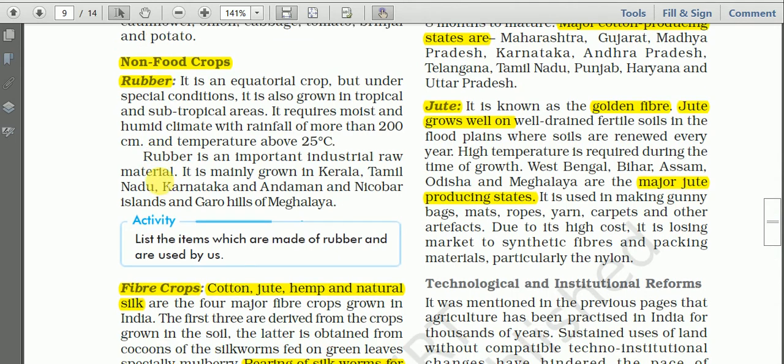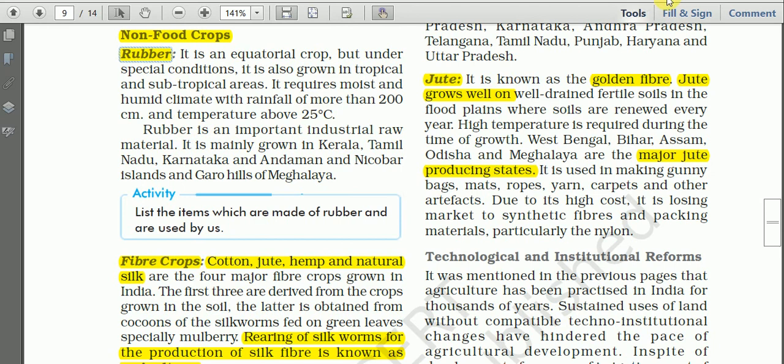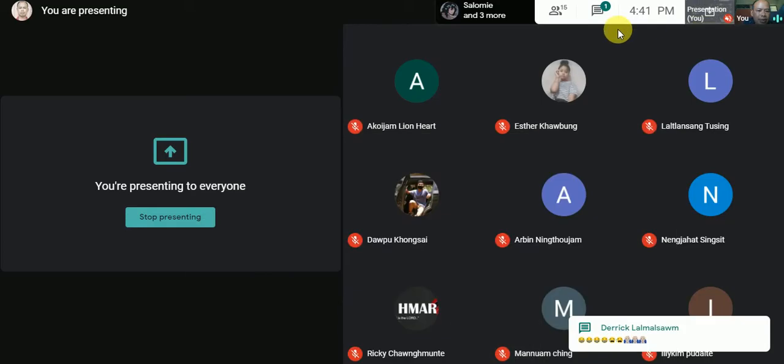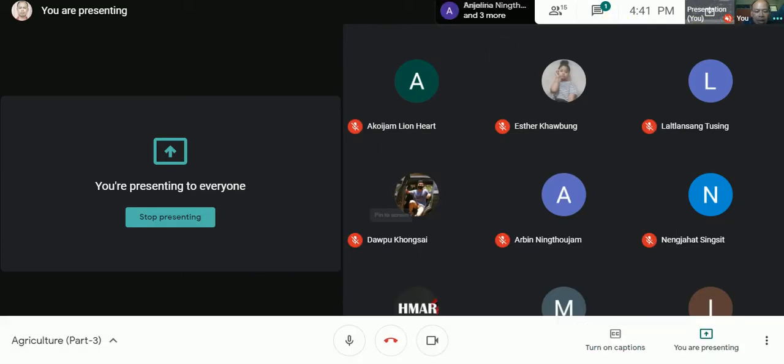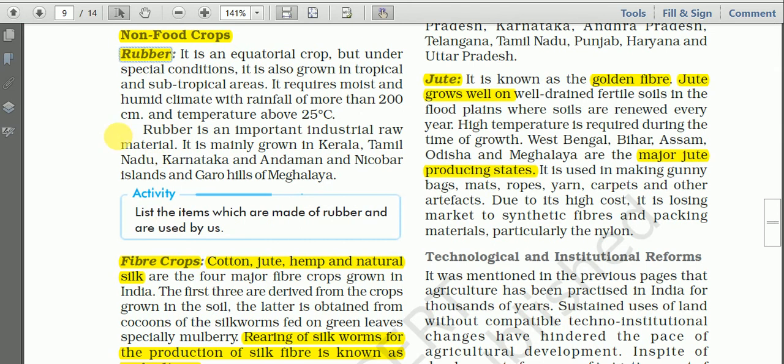And here we have the non-food crops, that is, those not eaten. We have rubber. I think everybody knows the use of rubber. Rubber is used as a raw material in industries.